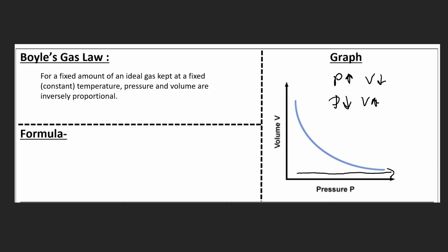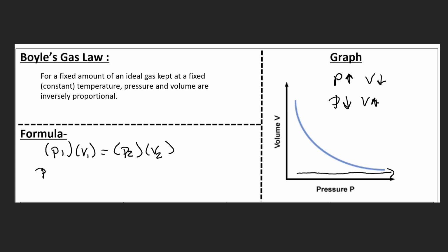So the formula for Boyle's law is P1 times V1, our pressure 1 times our volume 1, is equal to our ending pressure times our ending volume.